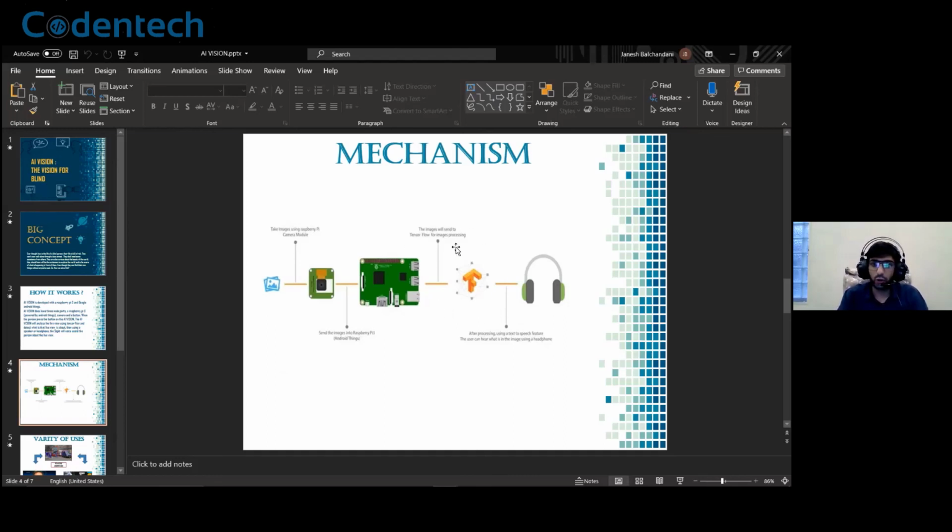As I told you in the roadmap also, I'm using the TensorFlow library for understanding the environment. The TensorFlow library helps the machine interpret the surroundings and give the answer back in the form of speech.